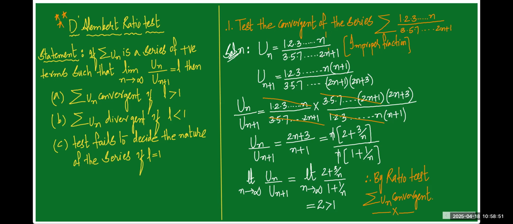The definition of improper fraction is that the degree of numerator and denominator must be the same. If the degree of the denominator is more than the numerator, such a fraction is called a proper fraction. We can easily apply the limit comparison test because we can choose the auxiliary series Vn. But here, with an improper fraction, we are unable to choose. Can we choose Vn from this un? Tell me, is it possible? No, sir.